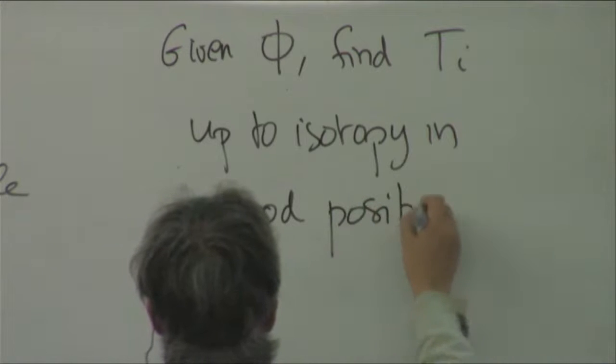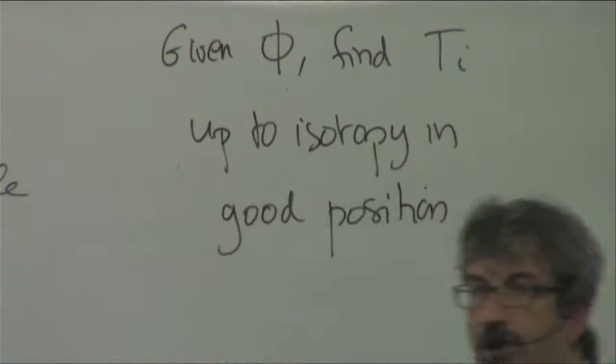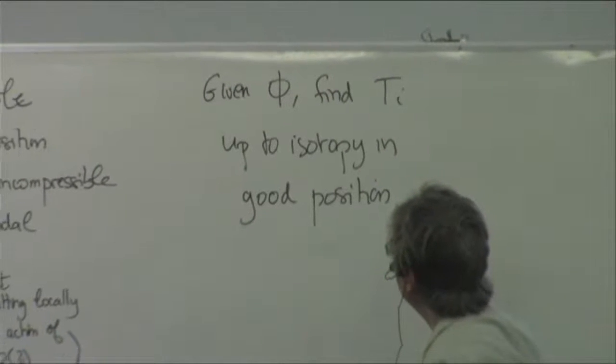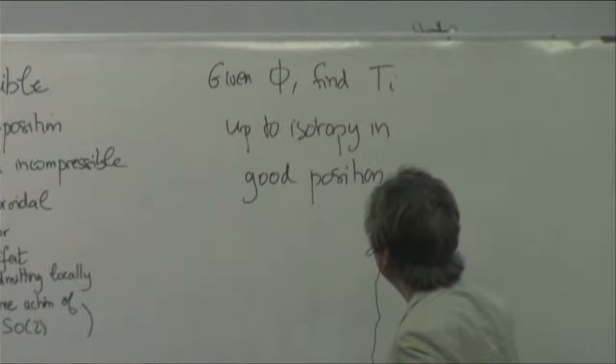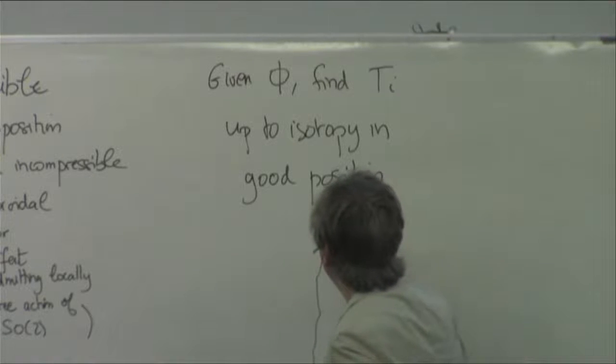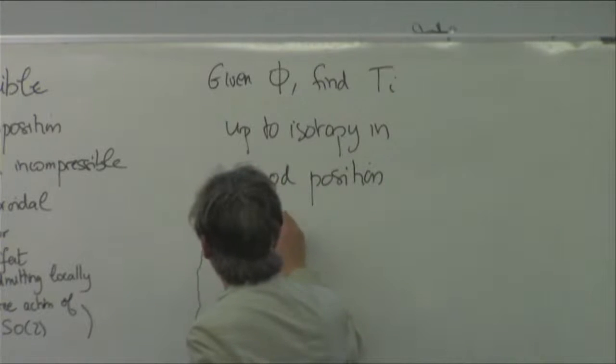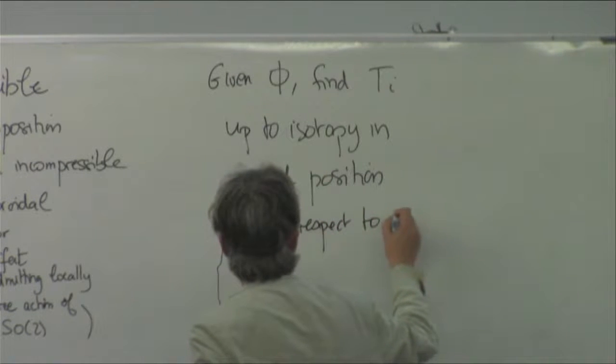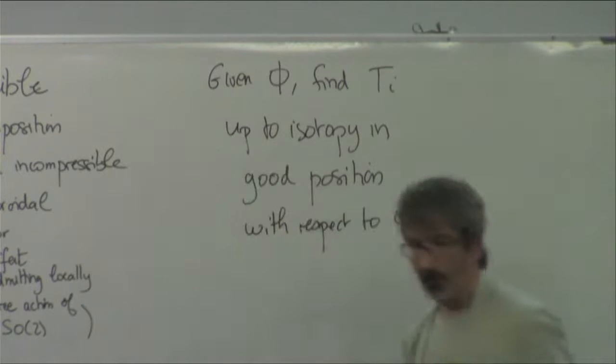These tori are of course defined only up to isotopy in the manifold, so we want to select the isotopy so that the tori are in good position with respect to the flow. That is the first step.